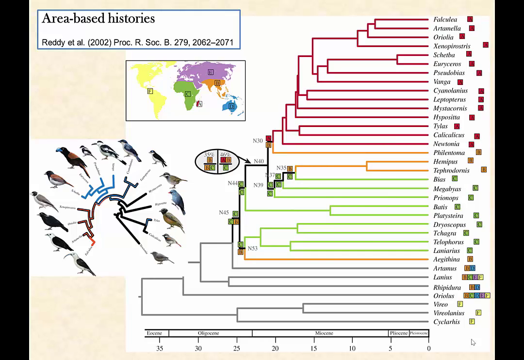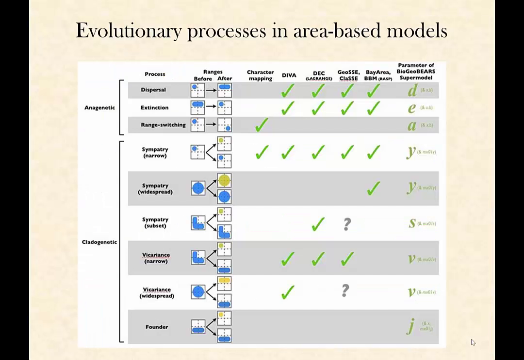Has anybody heard of Bayesian statistics? All right, okay, go look up Bayesian statistics. They run these incredibly complicated models based on evolutionary theory to try and reconstruct the most likely places that the ancestors lived in. So that's what people do.